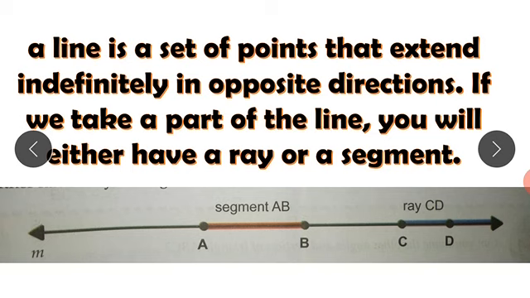If we take a part of the line, you will have a ray. So this one is a ray. And you will have a segment. So this one. You can already determine the difference between ray and segment from this picture.